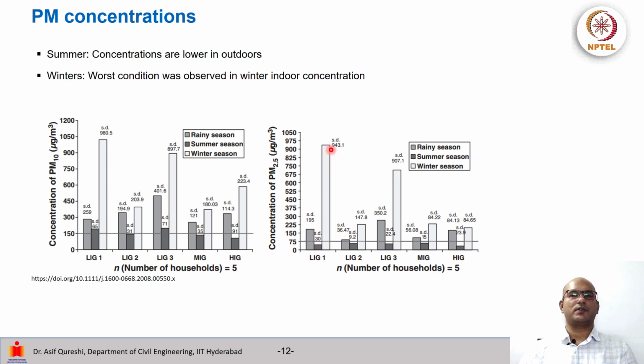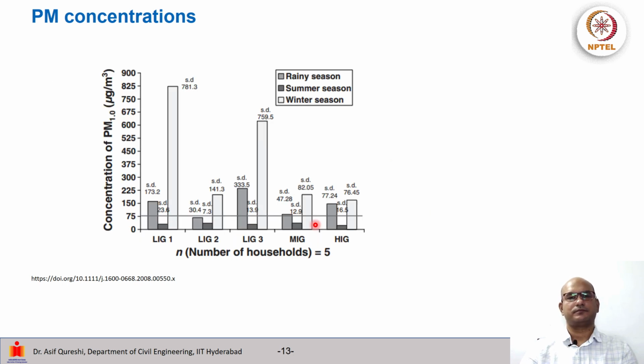So, highest were observed in winters, lowest in the summers, and middle in the rainy season. Same for concentrations of PM 1.0. The highest in the winters, and much lower during the summers for all the houses, and a bit lower during the rainy season when winters and rainy season are compared.